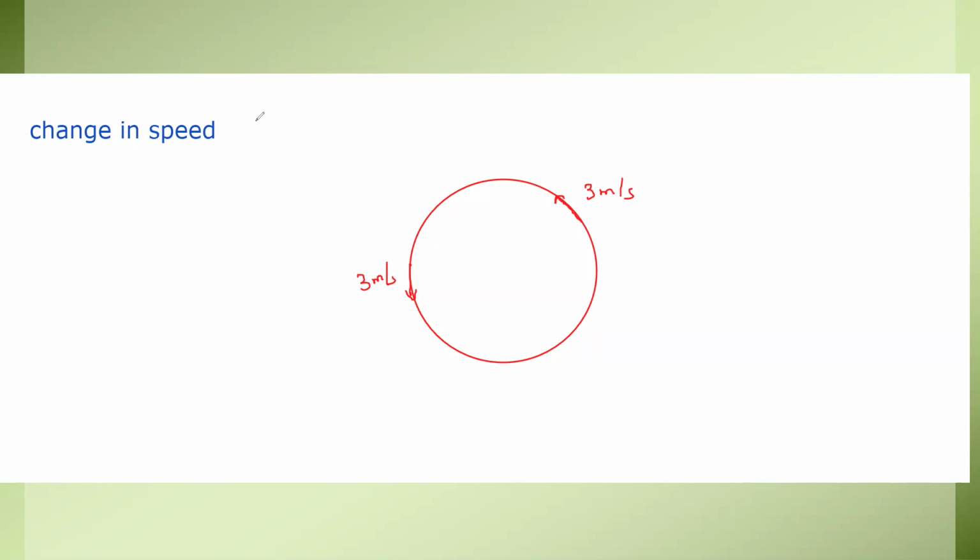Why is there no change in speed? Because speed is a scalar quantity. It does not depend on the direction. So if you change the direction, the magnitude does not change. Direction has changed, but the speed does not depend on the direction. That's why we say there is no change in speed. But is there a change in velocity?